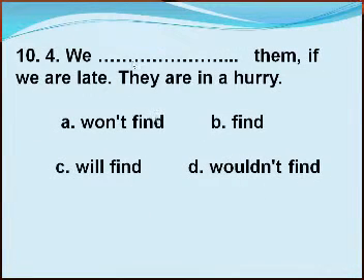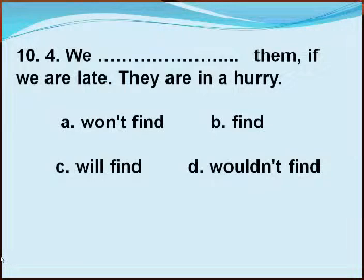Number 10, we won't find them, will find them, or wouldn't find them. If we are late, they are in a hurry. Notice we have if here. This is case number 1. If we are late, present simple. What do you think?